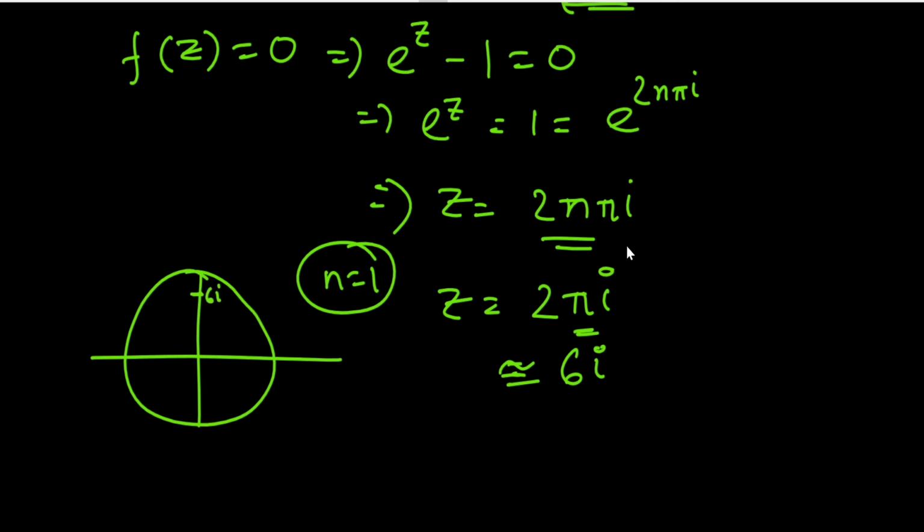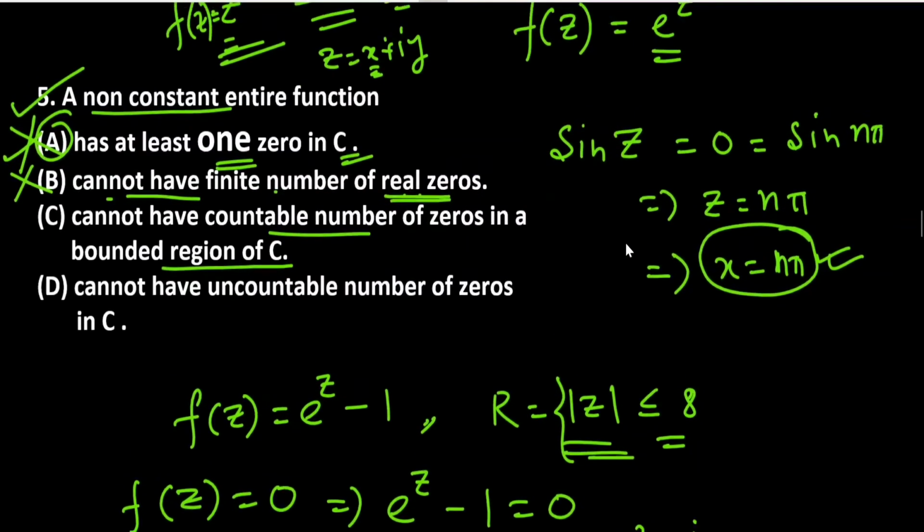And also if we take n equal to minus 1, then we get minus 6 iota, which is here. Therefore we get a finite number of zeros in a bounded region inside C. Therefore this option is also discarded, and the fourth option is simply true here.